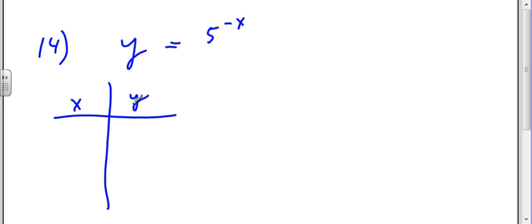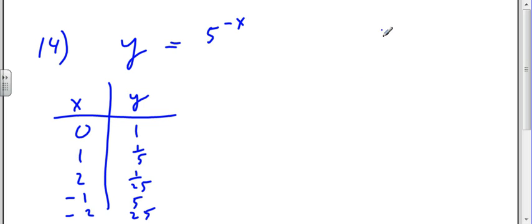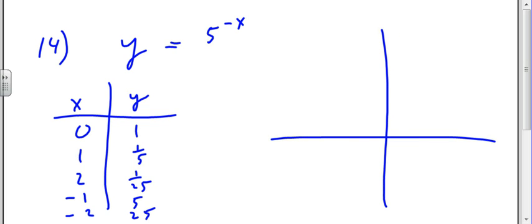All right, let's see. When x is 0, y is 1. When x is 1, y is 1/5. When x is 2, y is 1/25. When x is minus 1, I get a 5. When x is minus 2, I get a 25. So we see an obvious thing here: at x equal to 0, I'm always getting a 1, right?